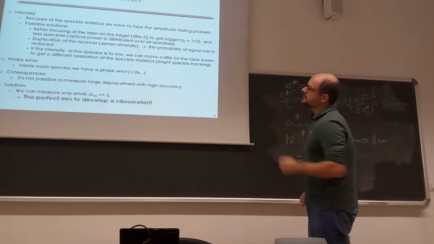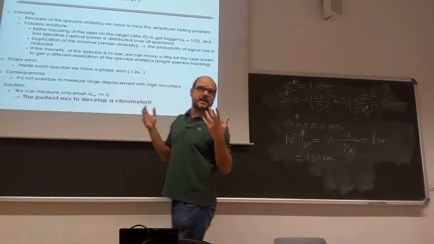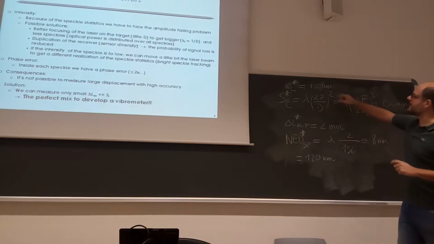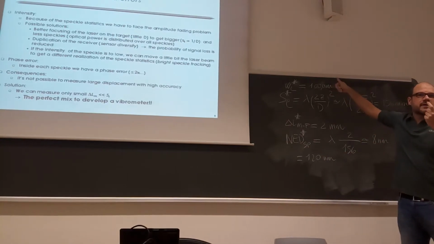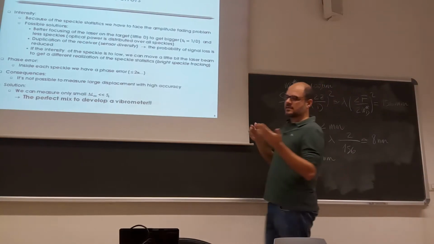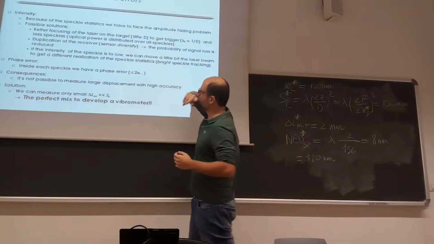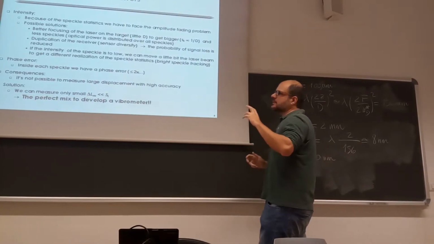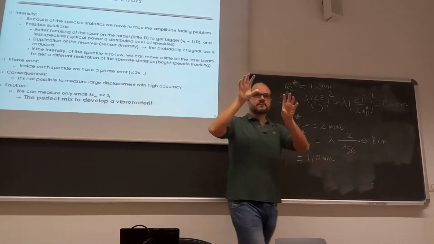A possibility is to use a better focusing of the laser on the target, as we have tried to do before. When we doubled the dimension of the beam, we focused the light better onto the diffuser. So this is a first point. We can have a duplication of receiver, okay?